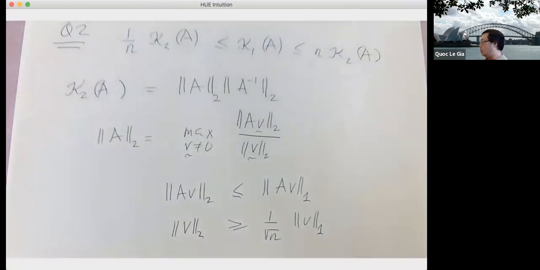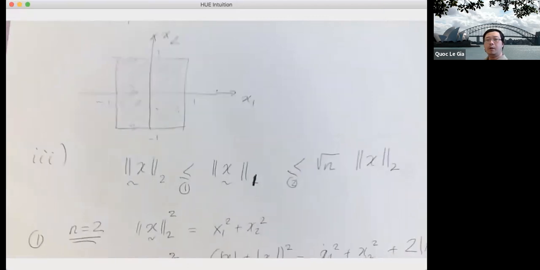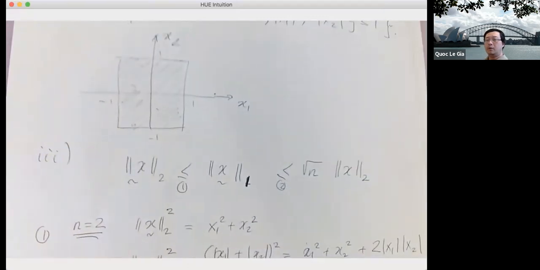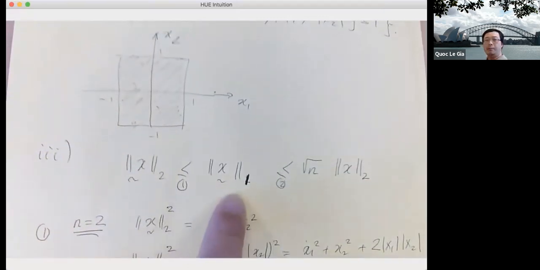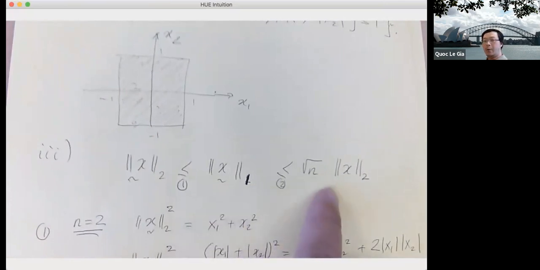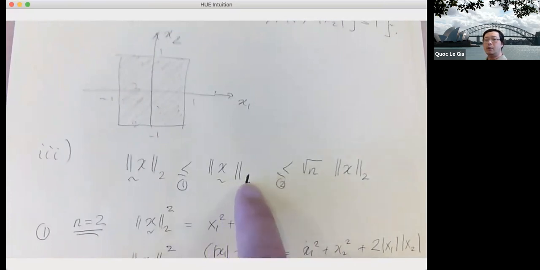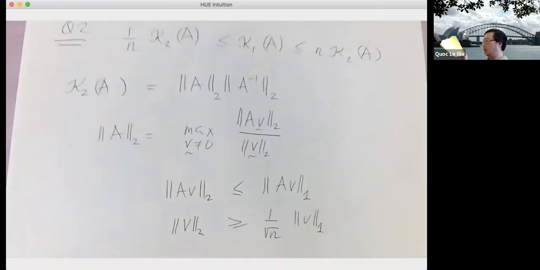The 2 norm is less than the 1 norm, but you read this inequality backward: the 2 norm is bigger than 1 over square root n times the 1 norm.